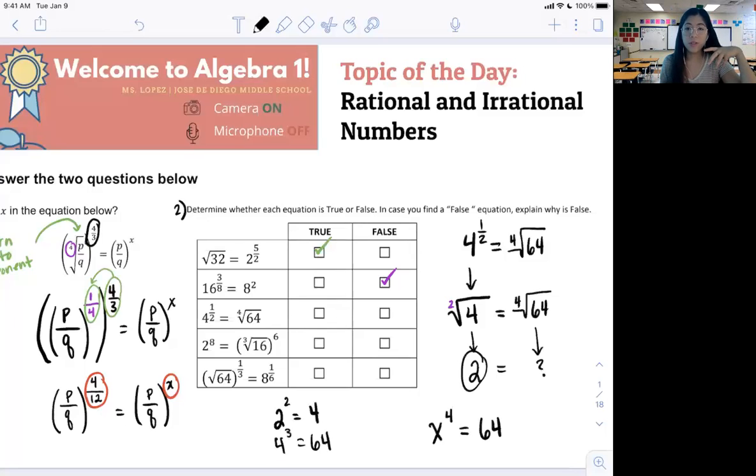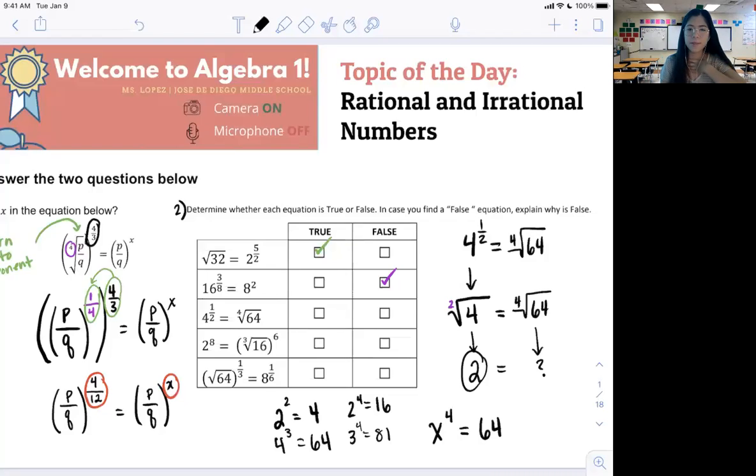You can try 2. 2, 4, 8, 16. 2 to the power of 4 is 16, not 64. 3, 3, 9, 27. 27 times 3 is 81. That means it's going to be lower, so it's going to be a decimal.